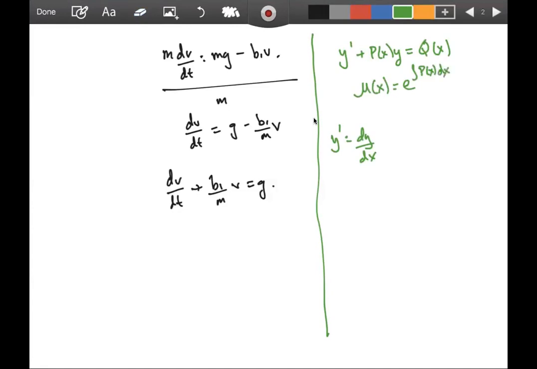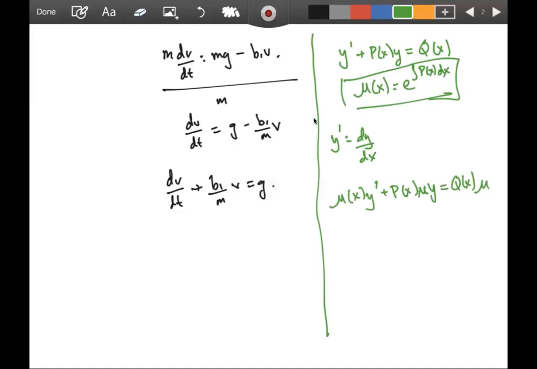What the integrating factor does is it says, let's multiply both sides by this function. Now, why would I care about doing that? So let's actually multiply this out and see what happens. If I take mu times y prime plus p of x times mu times y, that is equal to q of x times mu.